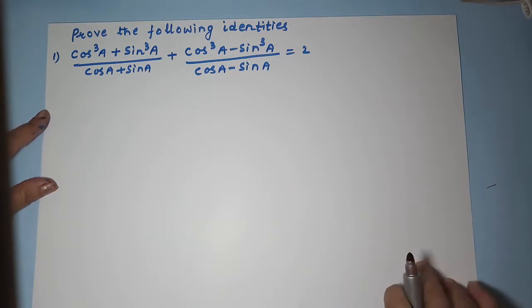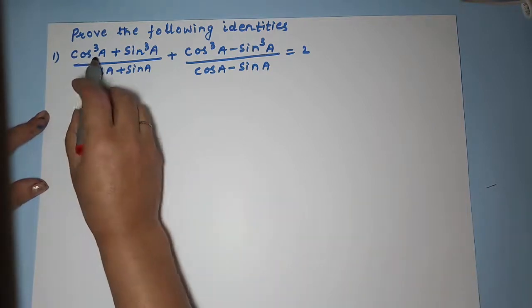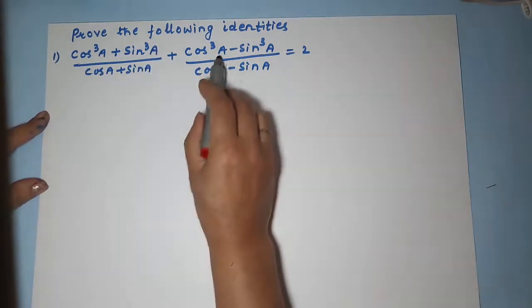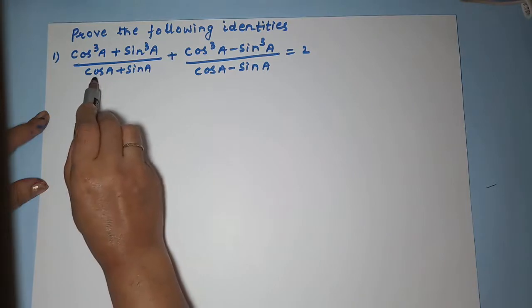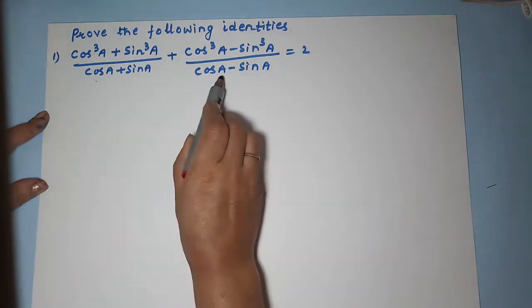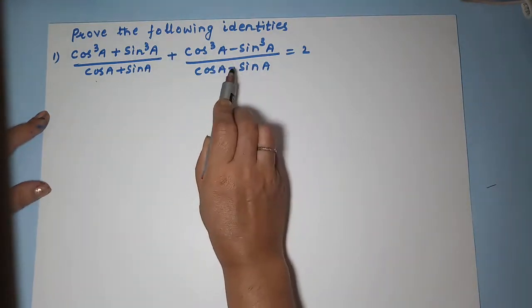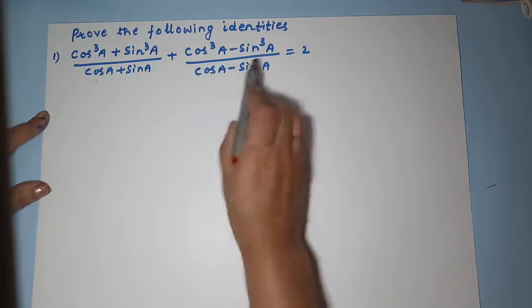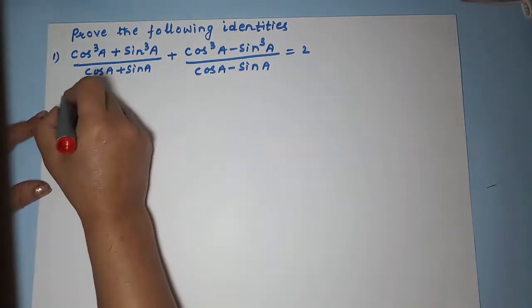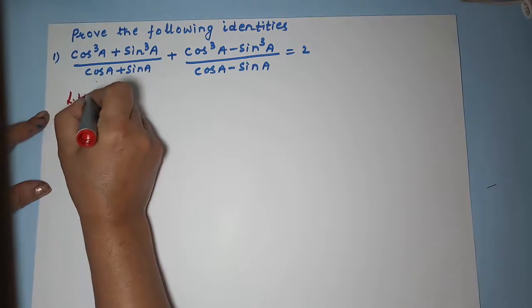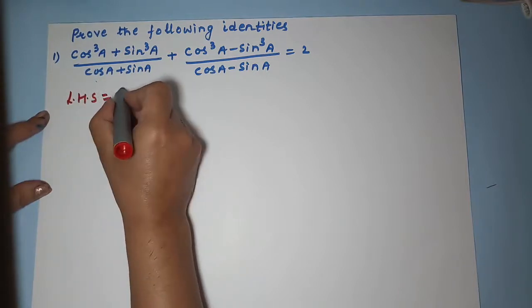Now here I have (cos cube A plus sin cube A) divided by (cos A plus sin A), plus (cos cube A minus sin cube A) divided by (cos A minus sin A). I have to solve it and prove that this is equal to 2. So I will take the left hand side. So what is my left hand side?